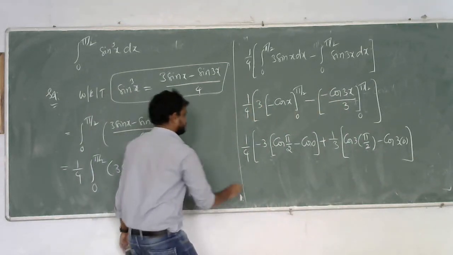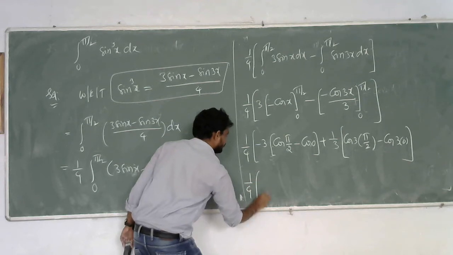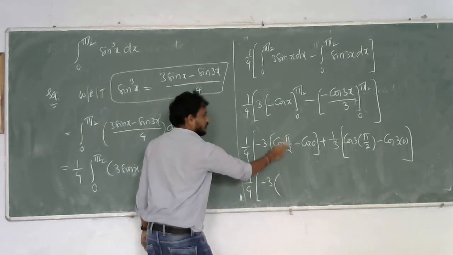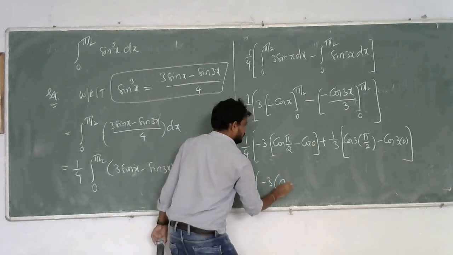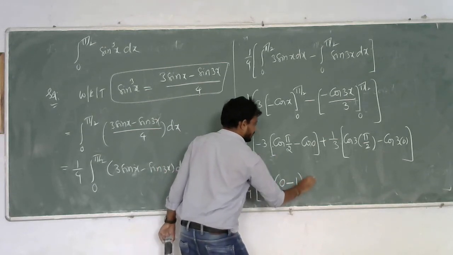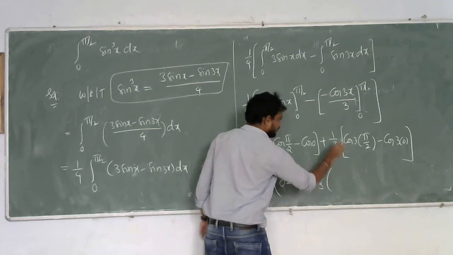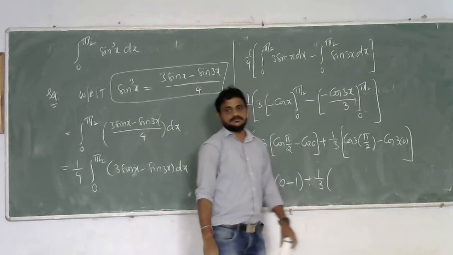Now 1 by 4 of minus 3 into cos pi by 2, that is cos 90, value 0, minus cos 0 is 1, plus 1 by 3 of cos 3 pi by 2 value.